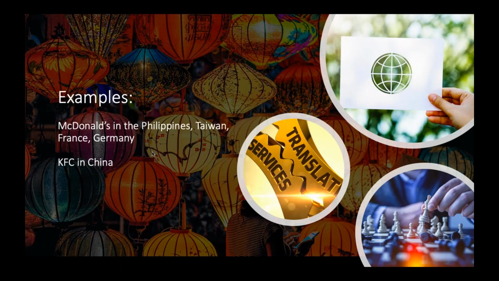But there are some more examples of successful localization, like McDonald's. In the Philippines, they have a very ketchup-y kind of spaghetti, and McDonald's offers that there. In Taiwan, they offer rice and corn soup, and the offerings are very localized. In Germany, McDonald's offers beer, and in France, they offer wine.